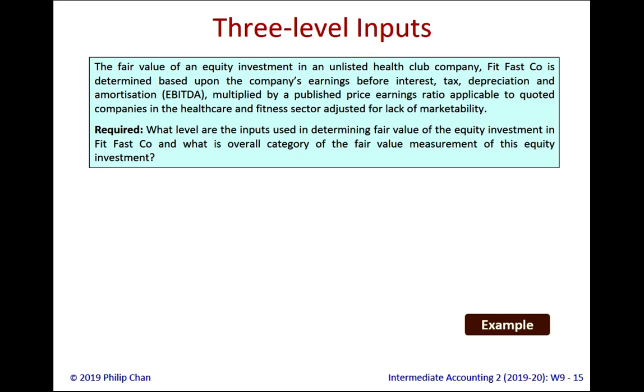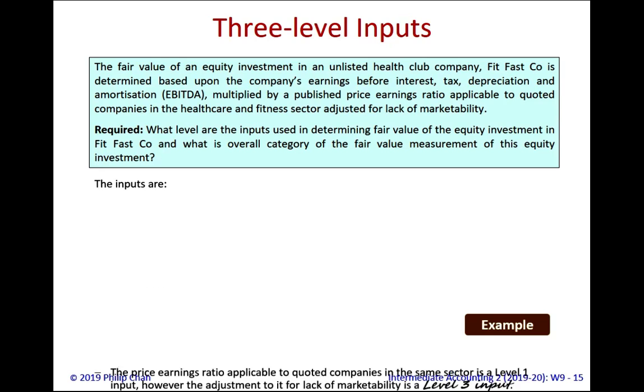So in other words, the question is asking, when we are trying to determine the level of inputs for the overall equity investment, we may have to consider each of the components that we would use to determine the overall. So for each of the components, you also have to determine the level of inputs. And we know that there are two components.